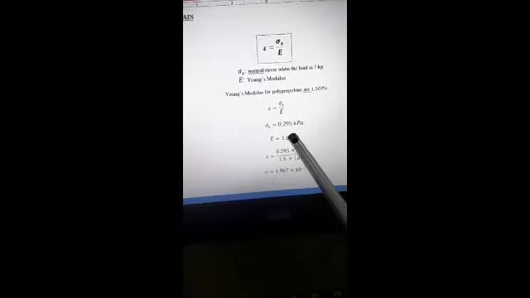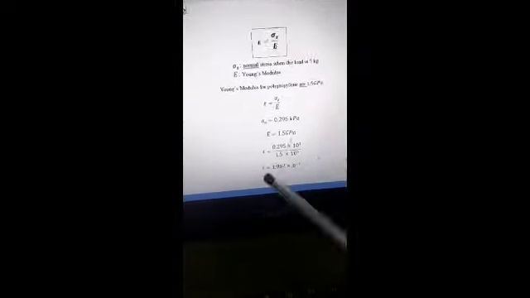So this value we take from the stress formula, and this is polypropylene Young modulus. So we insert to the formula, then we get 1.967 exponent -7.